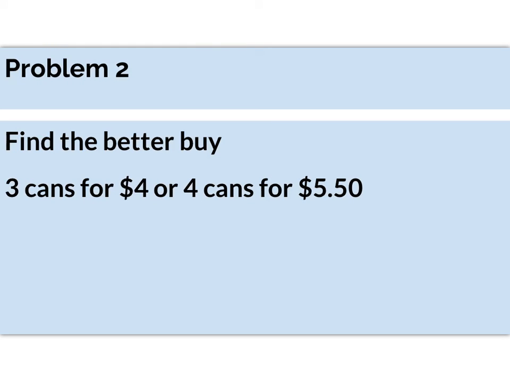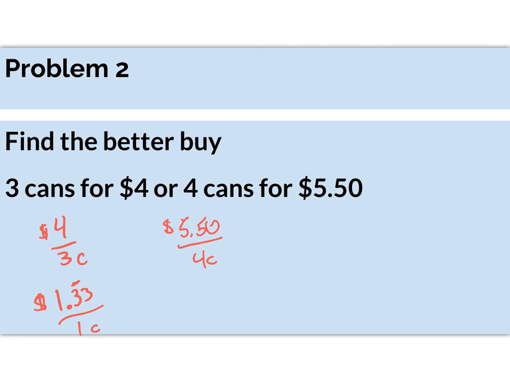So find a better buy. $4 for 3 cans, or 4 cans for $5.50. Which one is the better buy? So 4 divided by 3 is 1.3 repeating. So it's roughly 1.33 per 1 can.